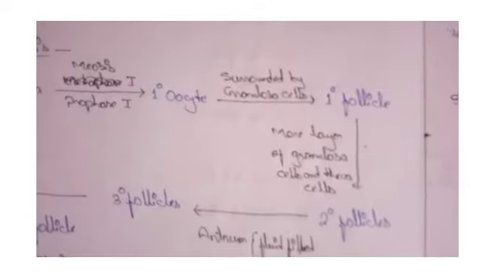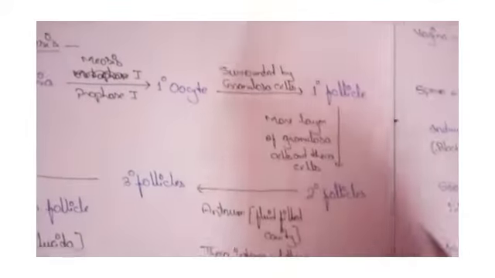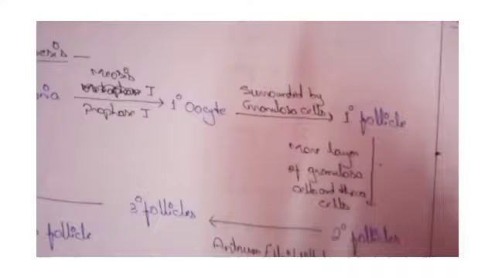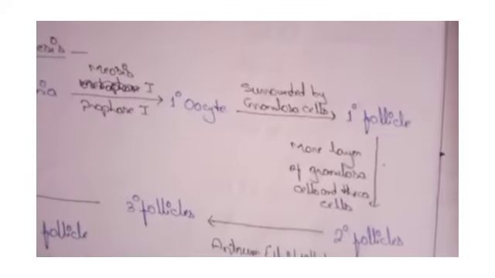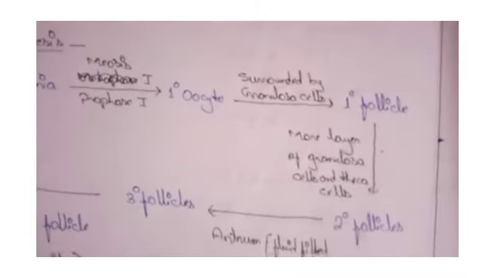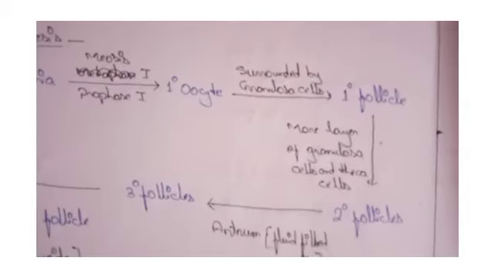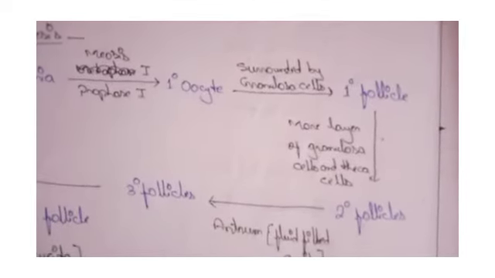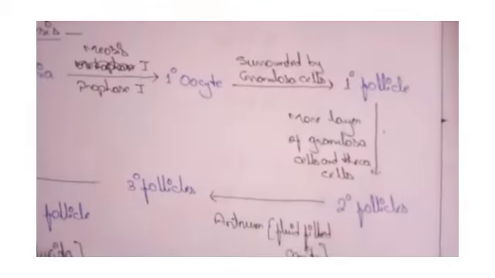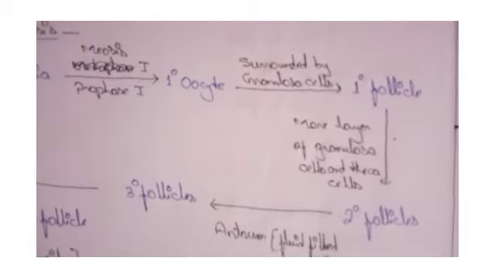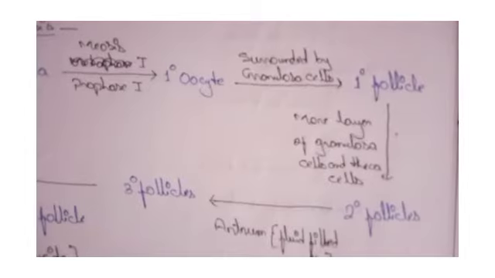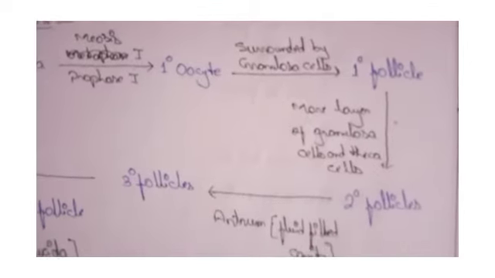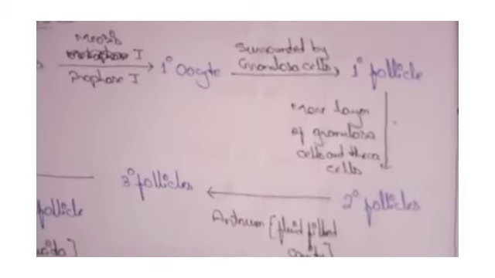The secondary follicle forms more layers of granulosa cells and theca cells. Theca cells are of two types, theca interna and theca externa. Theca interna is stimulated by LH and theca externa by FSH, meaning luteinizing hormone and follicle stimulating hormone.